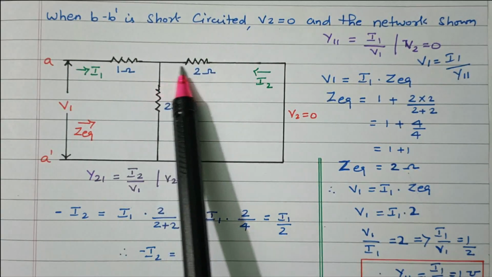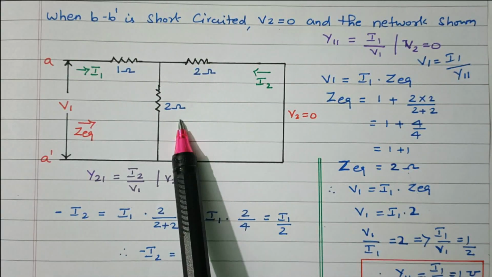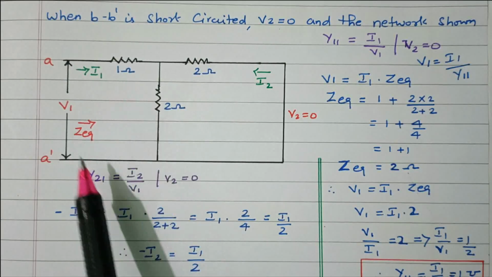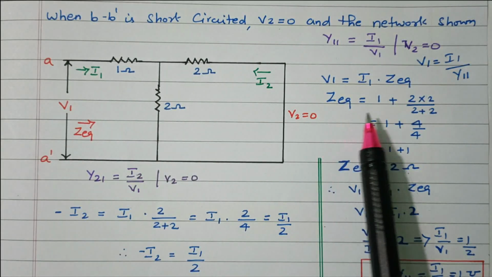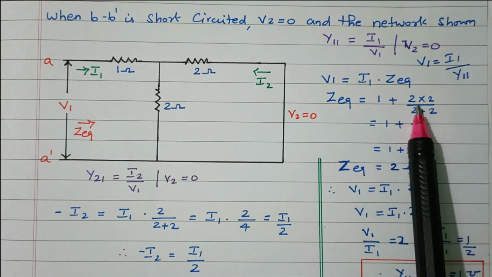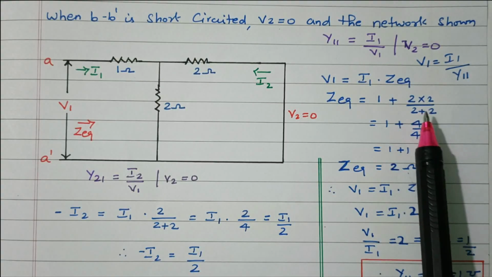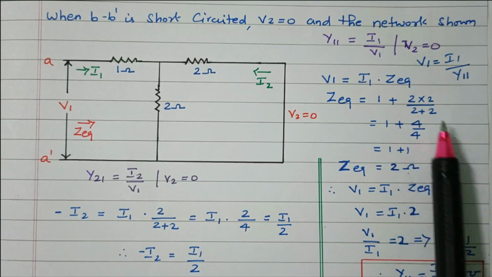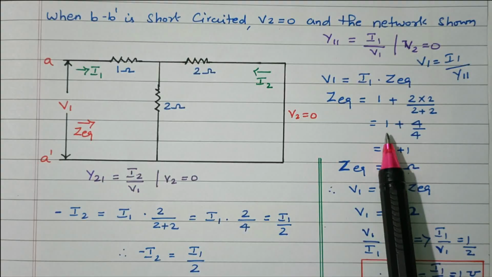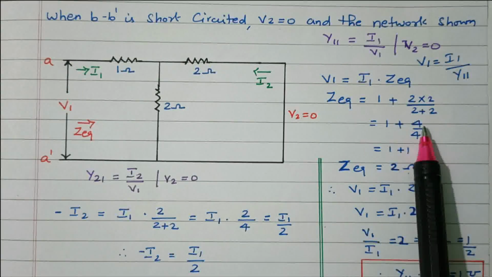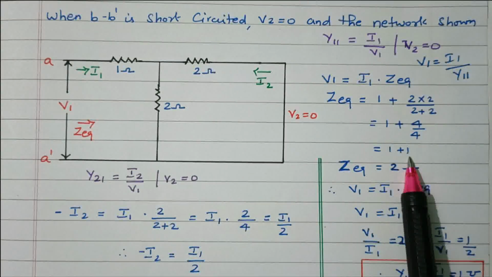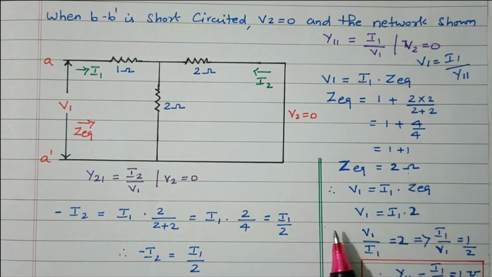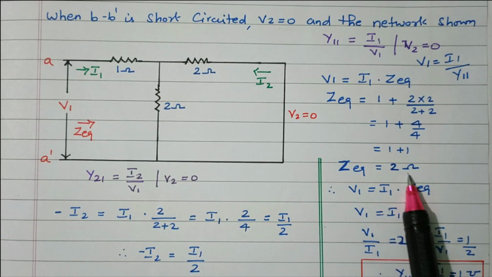Here the current is diverted, so these two are in parallel, which is in series with the 1 ohm. So Z equivalent equals 1 plus 2 into 2 divided by 2 plus 2, that is 1 plus 4 by 4. 4 by 4 is 1, so 1 plus 1 is 2 ohm. So the Z equivalent is 2 ohm.